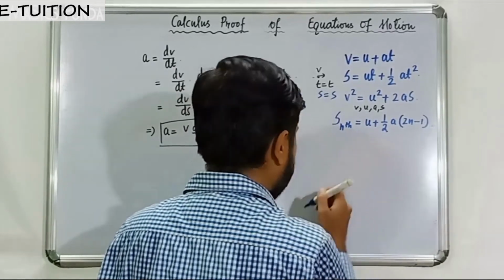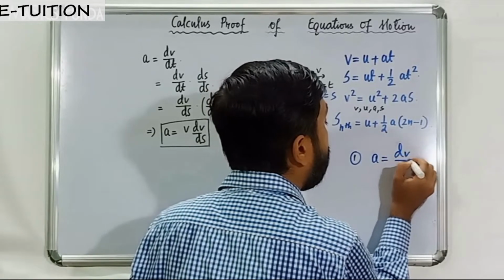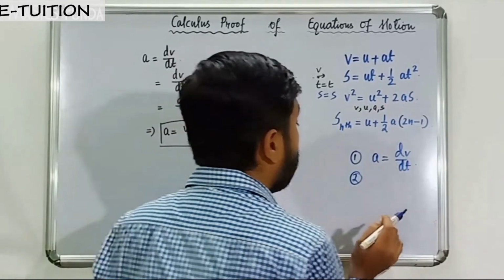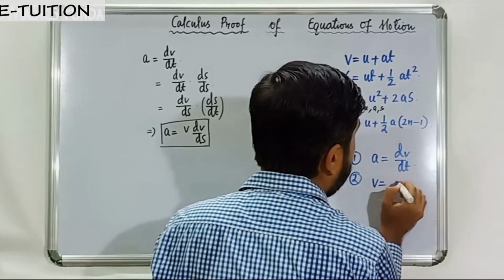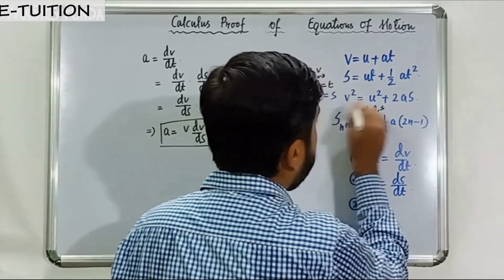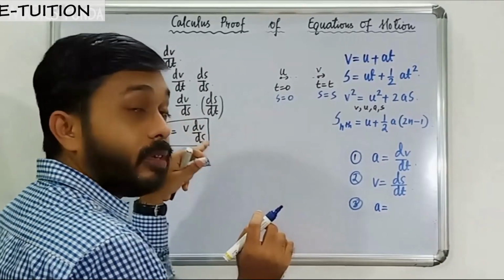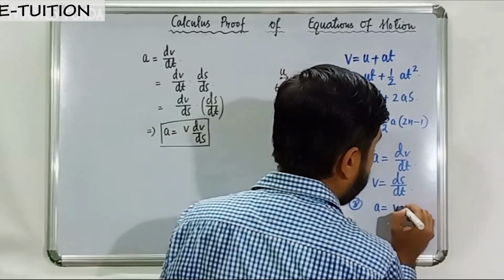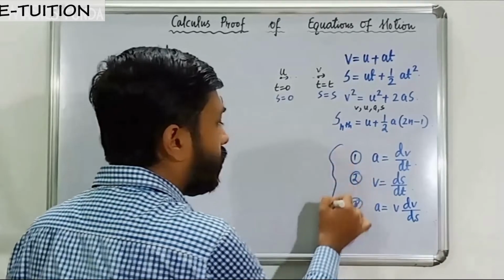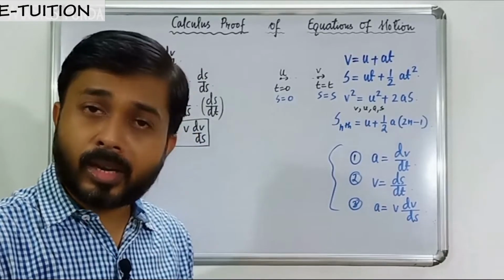To prove the first one, you need to start with a equal to dv by dt. In order to prove the second one, you need to start with v equal to ds by dt. In order to prove the third one, you need to start with a equal to v dv by ds. So these are indeed the equations of motion which are universally applicable, be it constant acceleration or variable acceleration.